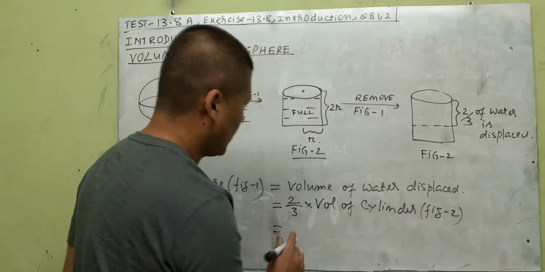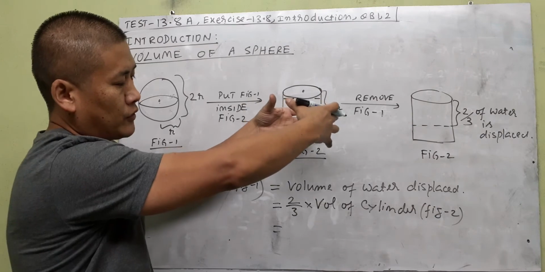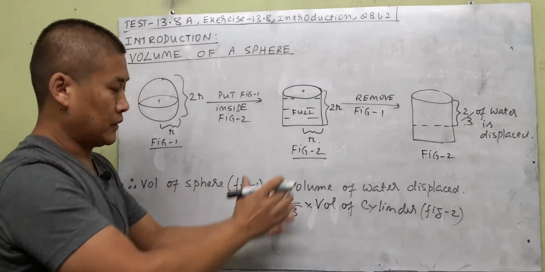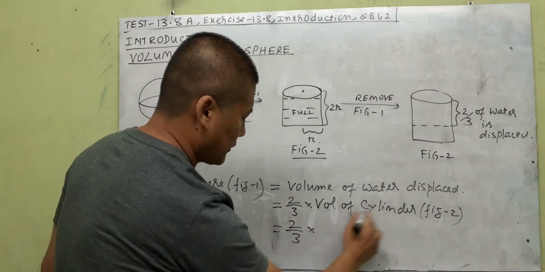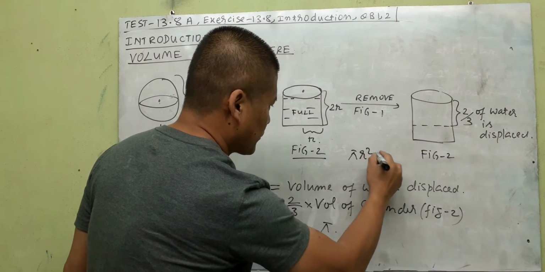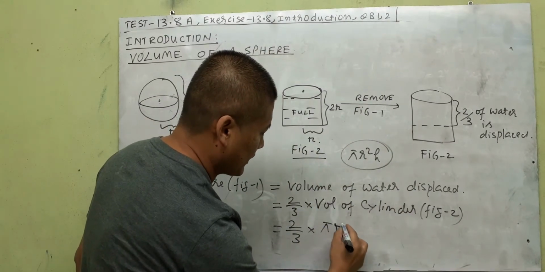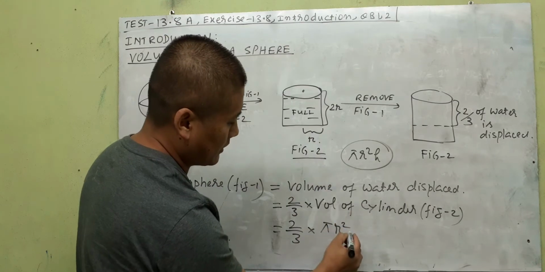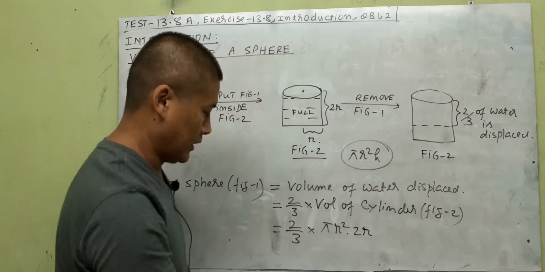So the volume of the sphere is 2/3 times the volume of the cylinder, because the cylinder was full of liquid. The volume of a cylinder formula we have learned in our previous chapter is pi r square h. So let us apply that. r square, that is correct because radius is r, into h, here is 2r.